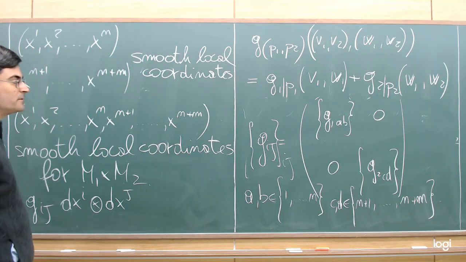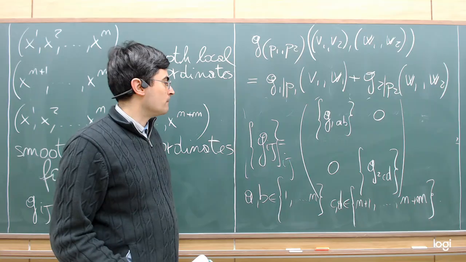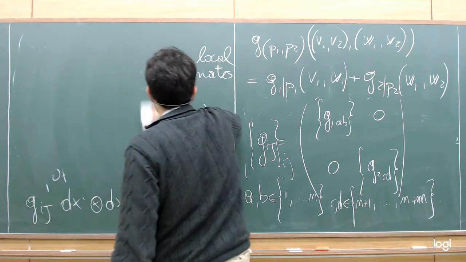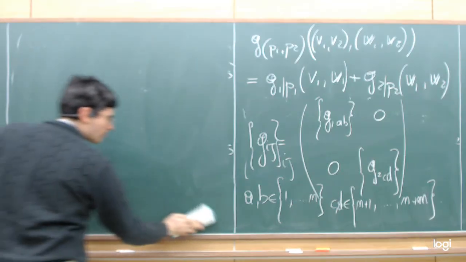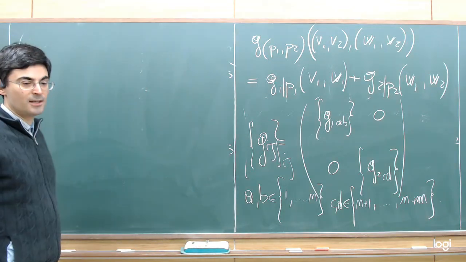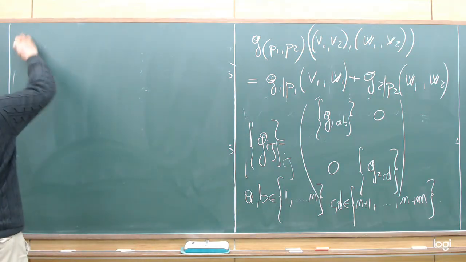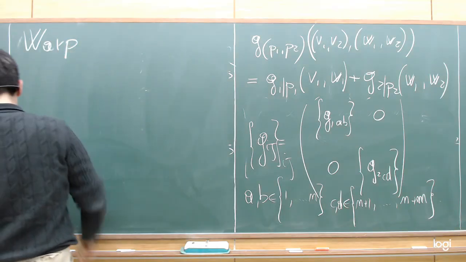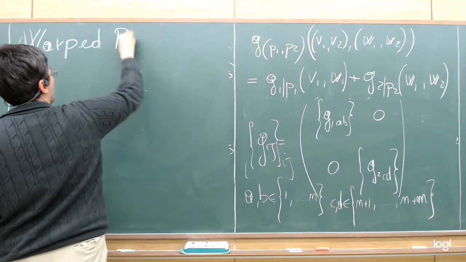The notion of product metric can be generalized. Precisely, the product metric is a special case of the following construction, known as a warped product.